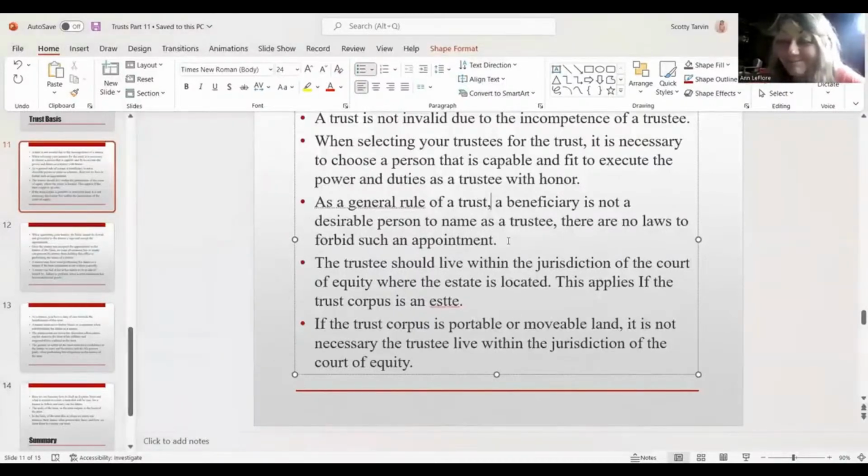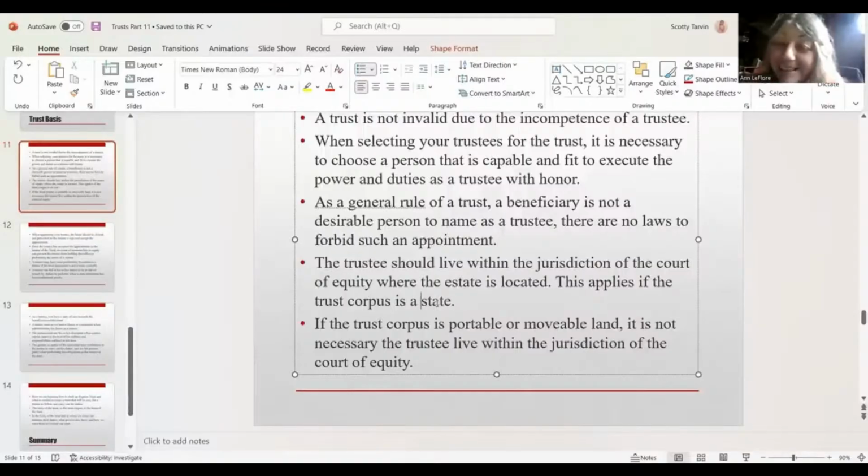Okay. The trustee should live within the jurisdiction of the court of equity where the estate is located. This applies if the trust corpus is in a state, STATE, not estate.